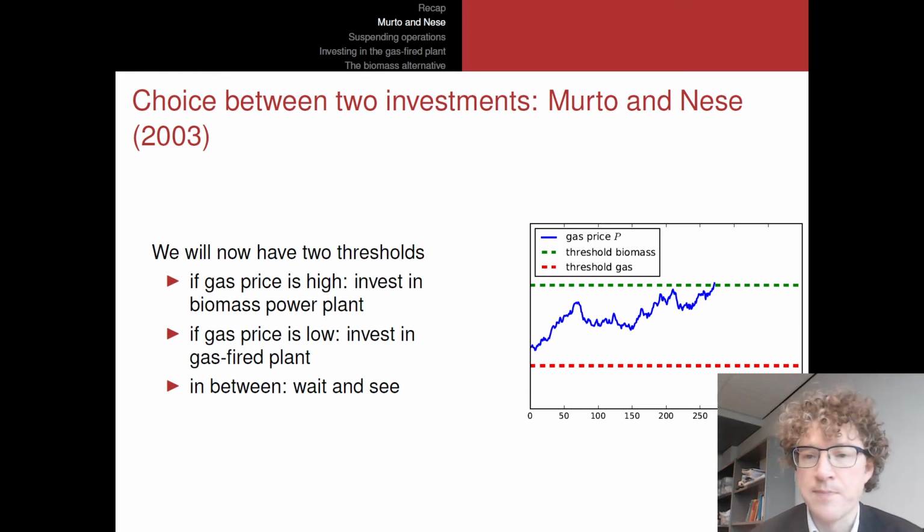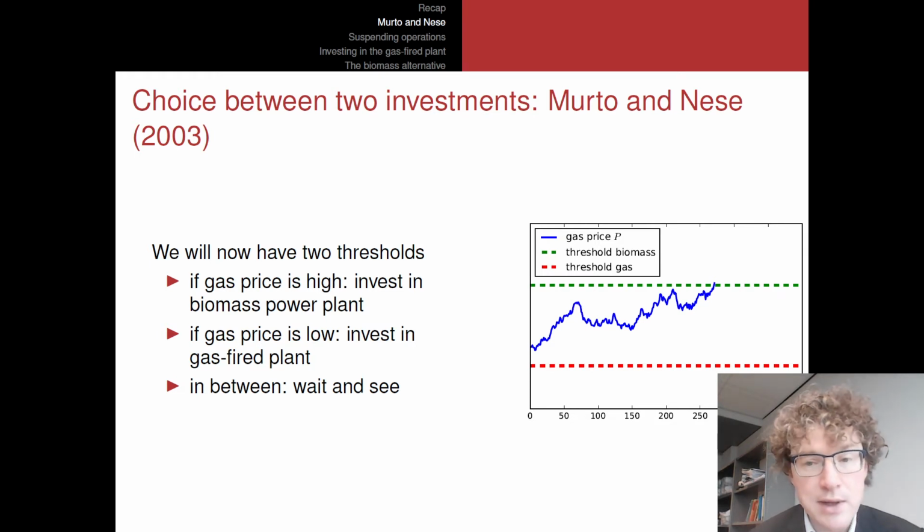So you would like to wait until either this blue line, the gas price P, goes far enough up to cross the green dashed line, in which case you will invest in the biomass plant, or perhaps the gas price goes down and crosses the red dashed line, and when it crosses that threshold, the investment should be made into the gas-fired plant instead.